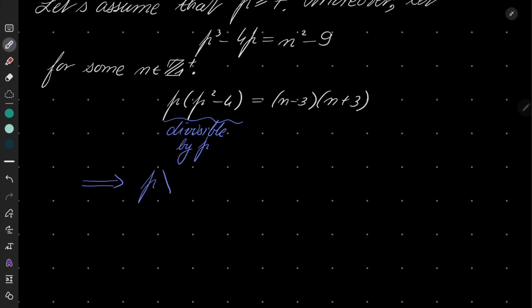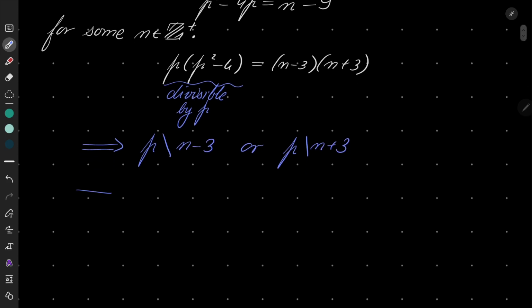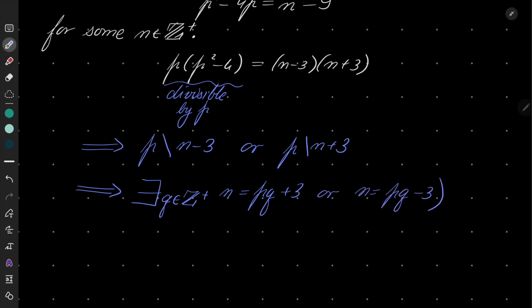But, as we have noticed, p divides the product of two numbers if and only if it divides at least one of these numbers, which in turn means that there is a positive integer q such that n equals p times q plus 3, or in the second case, n equals p times q minus 3.